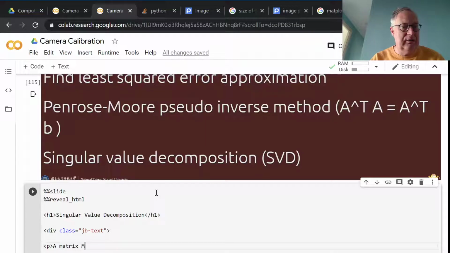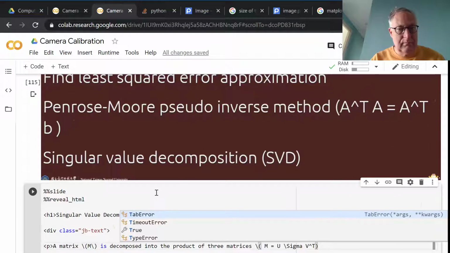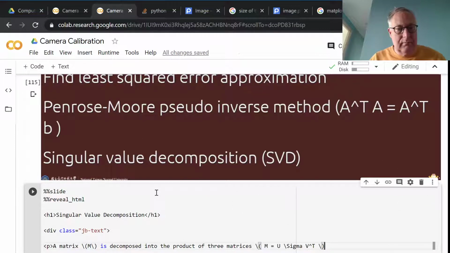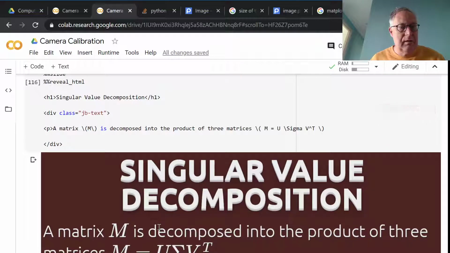What it does is matrix M is decomposed into the product of three matrices: M is U sigma V transpose.